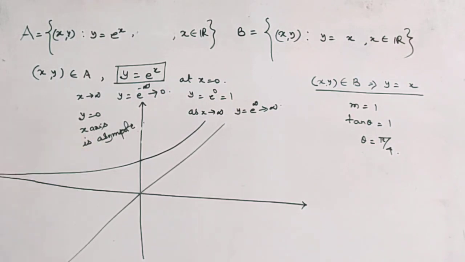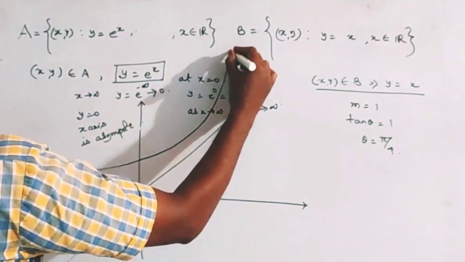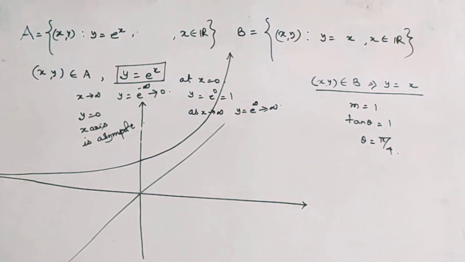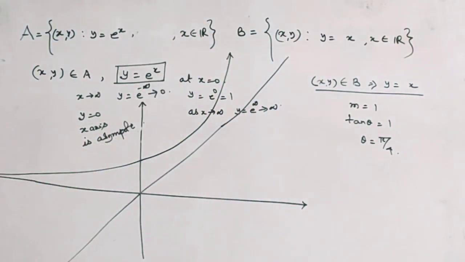Clearly, these two curves have no common point of intersection, because as x increases, y also increases to infinity. And here the straight line is like this.